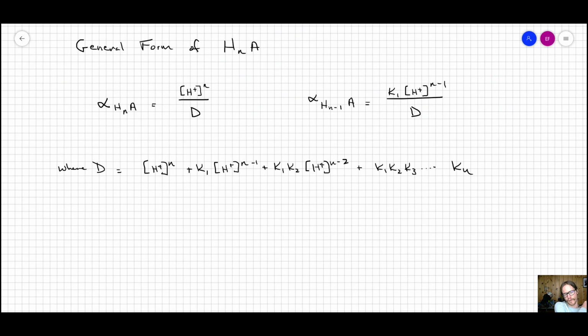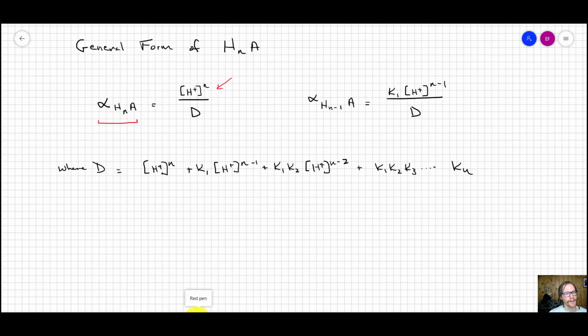So of course there's a general form to this expression for HnA, n being the number of protons in a polyprotic system. And so if you want to compute what the alpha is for that fully protonated system, that's just going to be proton concentration to the n over D, and I'll show you what D is here in a second.